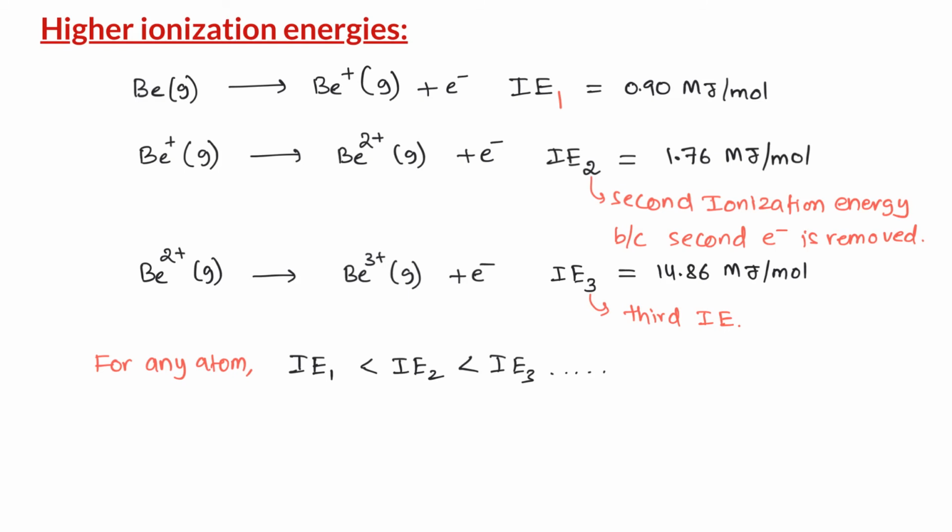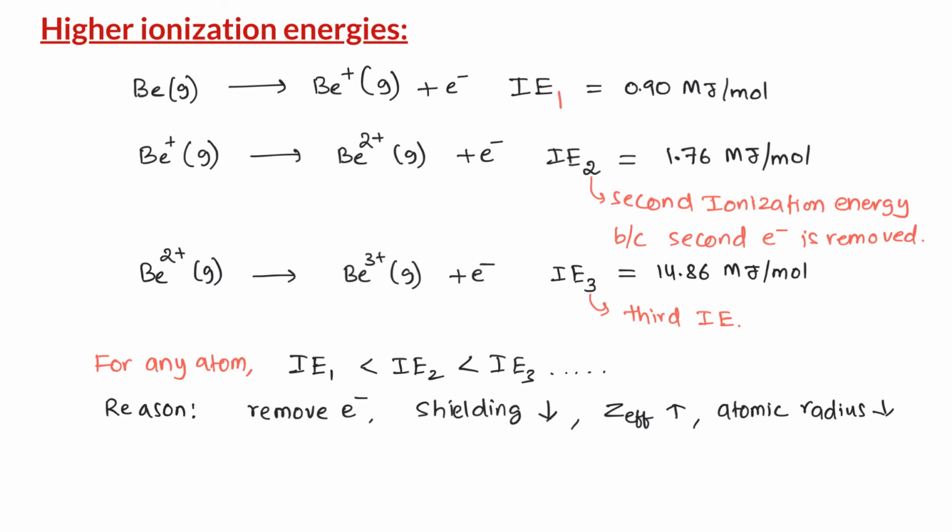The reason is every electron that is removed decreases the shielding, increases the effective nuclear charge, and the outermost electron moves closer to the nucleus, and it will be that much difficult to remove the next electron.